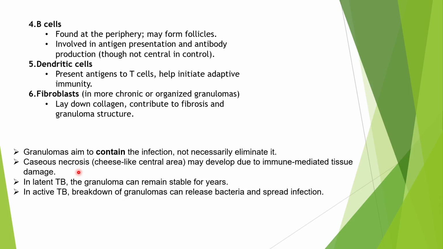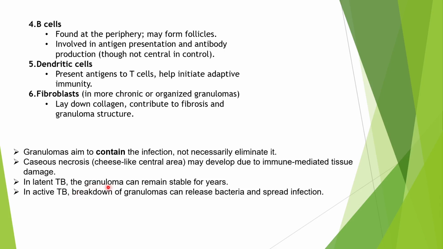So caseous necrosis. So this is something like a cheese-like central area. So this may develop due to immune-mediated tissue damage. And in latent tuberculosis, the granuloma can remain stable for several years. So there is latent and then there is active TB.